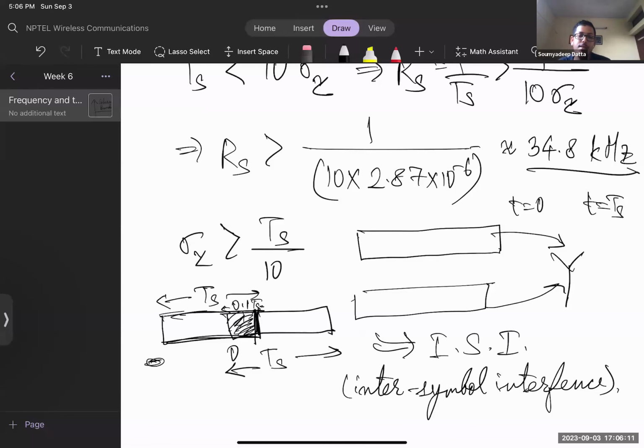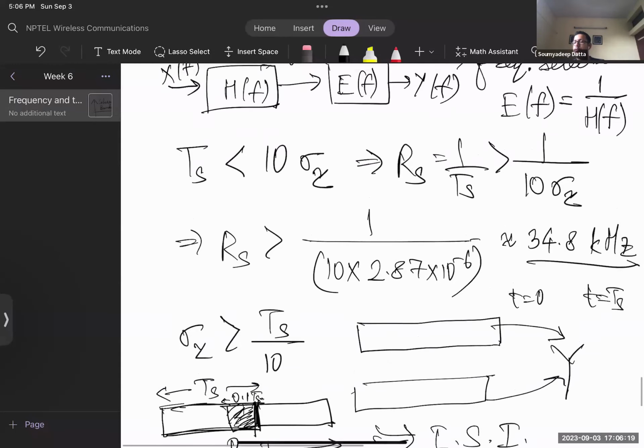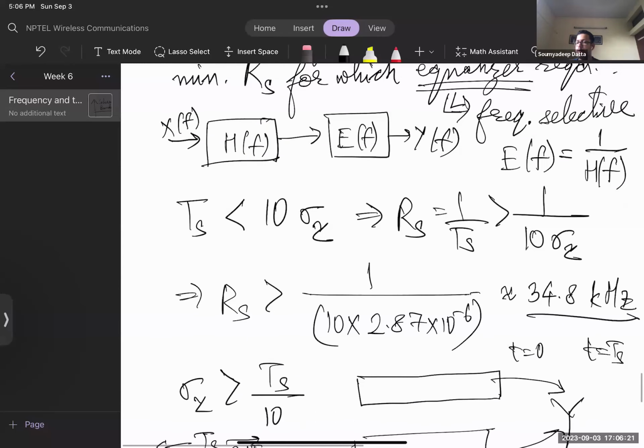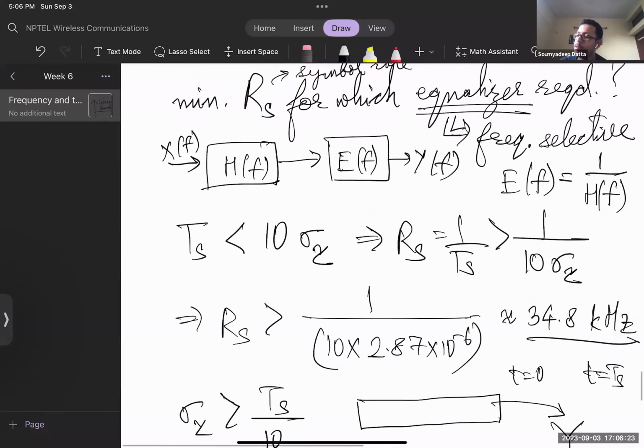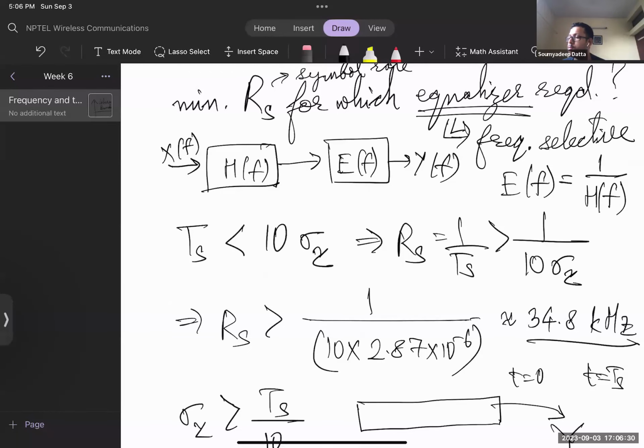So that is why this tentative value is taken: if your symbol time is within 10 times this, and if you are sending your signal at a rate higher than this, then your channel will become frequency selective in nature.